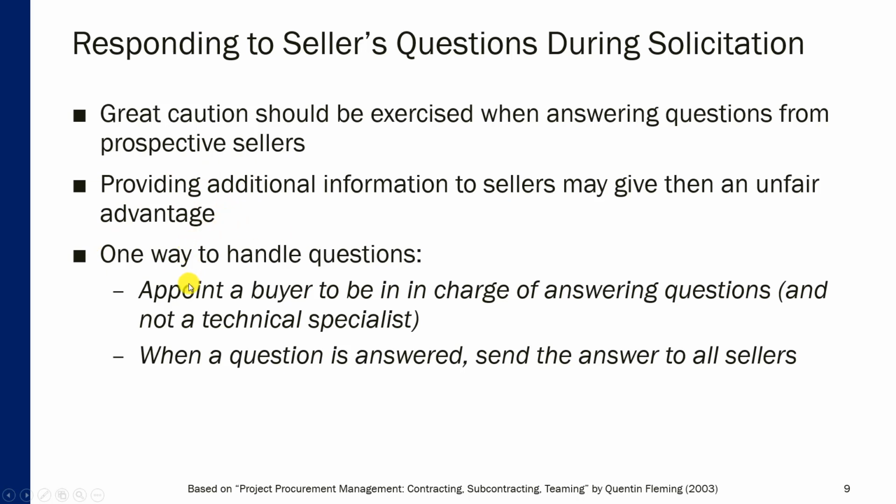One way to handle this problem of unfair access to information from the buyer is to appoint a buyer to be in charge of answering all questions, and not a technical specialist that will give a narrow answer to a particular vendor. So this buyer will be in charge of dispatching all questions, so all questions will come to him or her, and then this buyer will talk to the appropriate technical specialist and respond to the vendor.